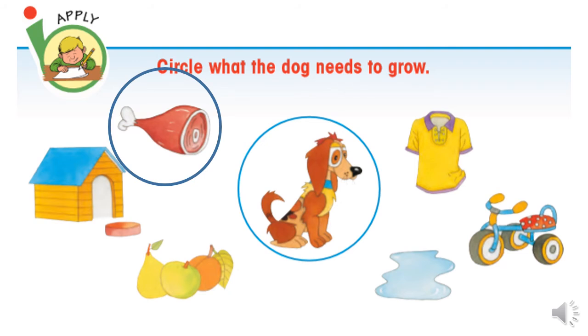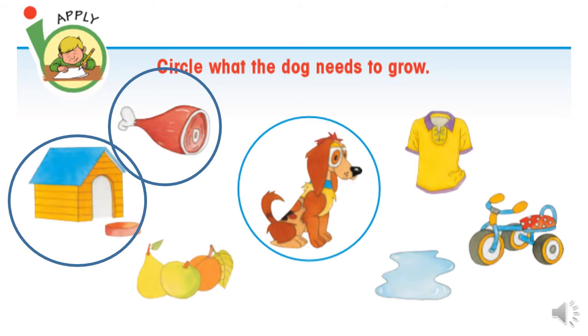Does the dog need a t-shirt? Can the dog wear a t-shirt, for example? No. But can the dog live inside this house? Does it need this house to live inside it? Yes. So this is a shelter for this dog.